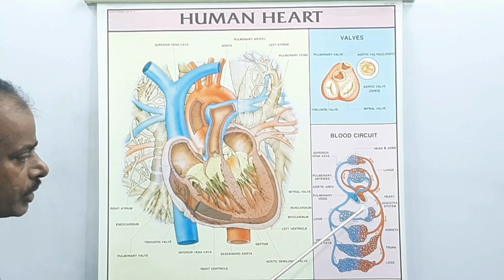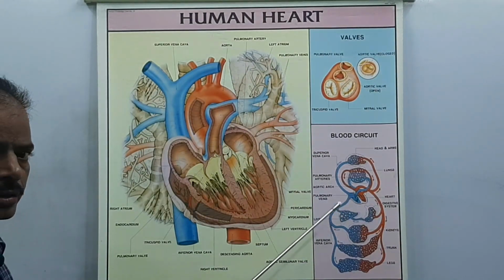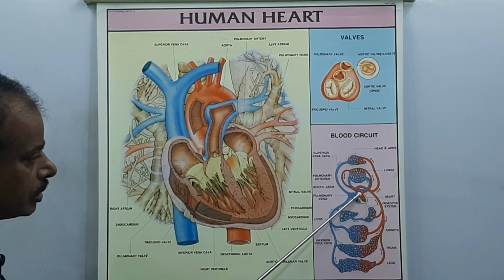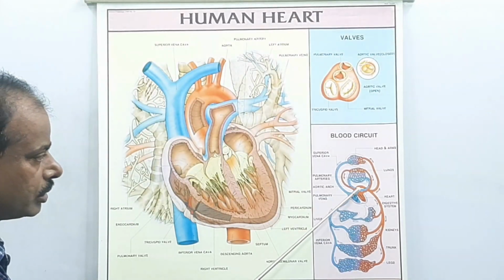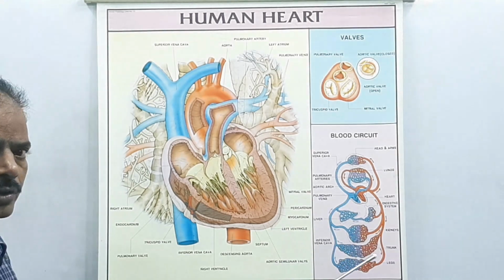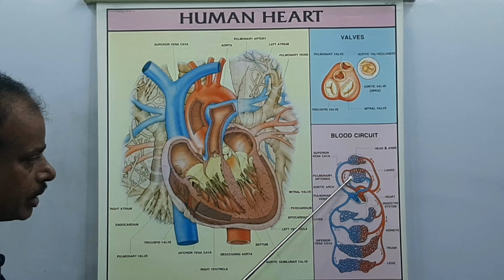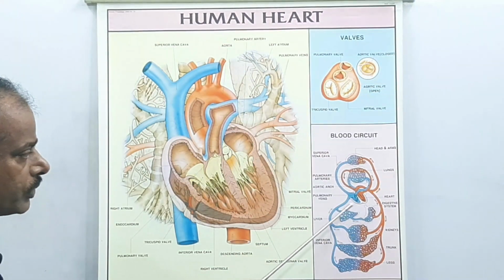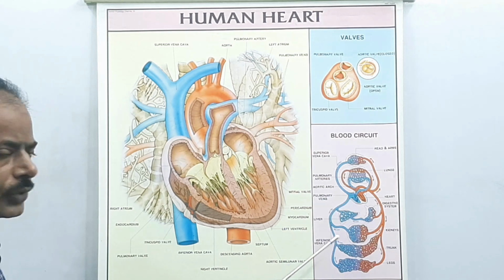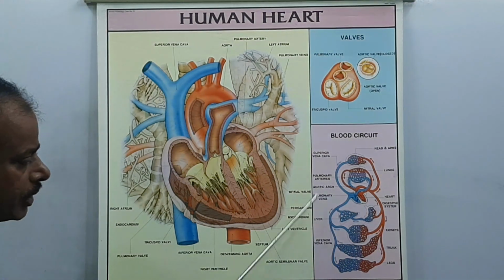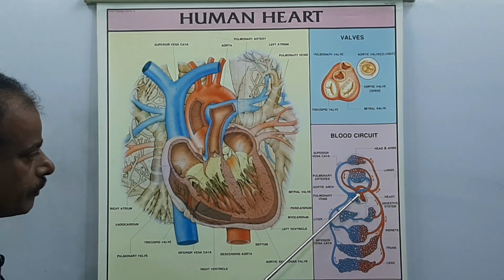So in this way, blood is pumped outside of the heart in ventricular systole. At the same time, in the right auricle and the left auricle, blood is poured from the body parts as well as from the lungs. In this way, blood is pumped to different parts of the body with the help of the heart.